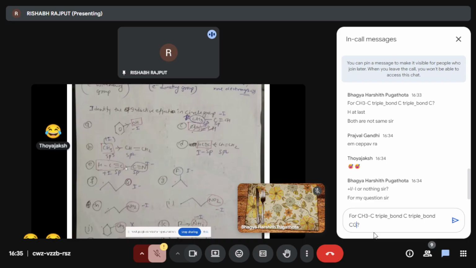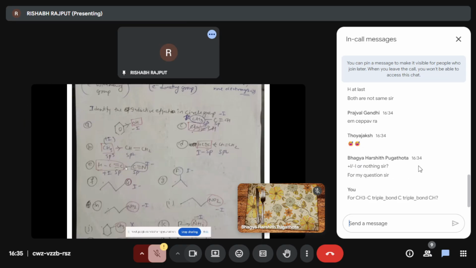See guys, Harshit, first you want to see which area you are focusing on, in which case it will show CH3 C triple bond C triple bond CH.